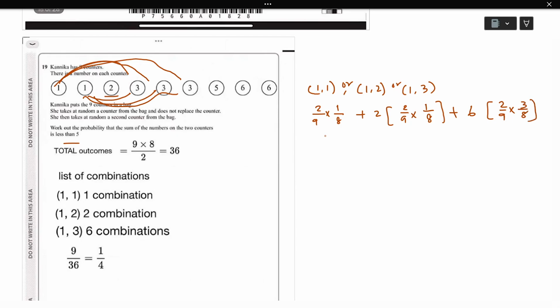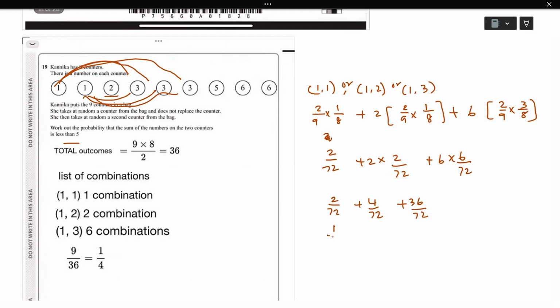When you calculate, this is 2 over 72, plus 2 times 2 over 72, plus 6 times 6 over 72. What will we get? 2 over 72 plus 4 over 72 plus 36 over 72.